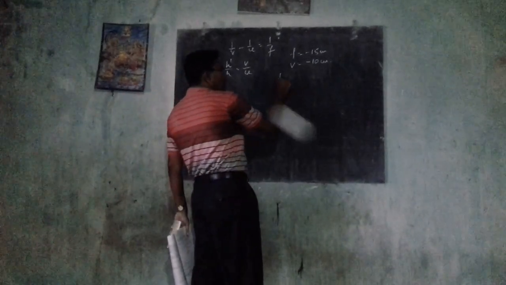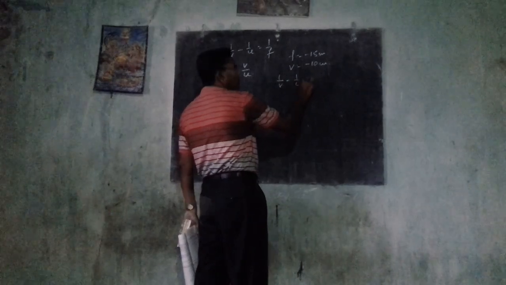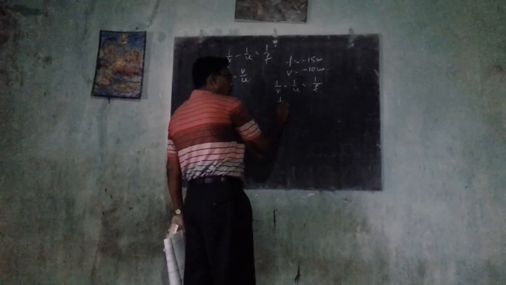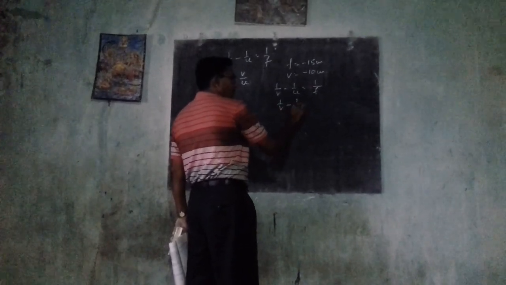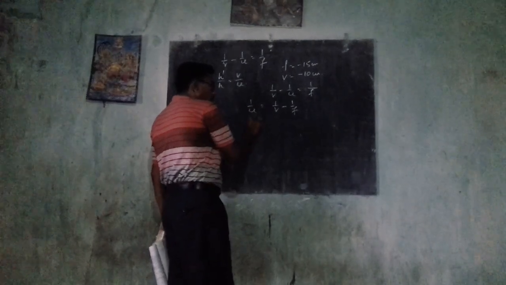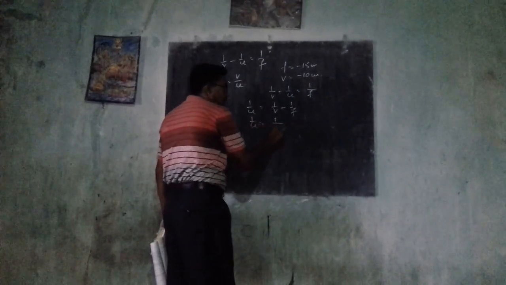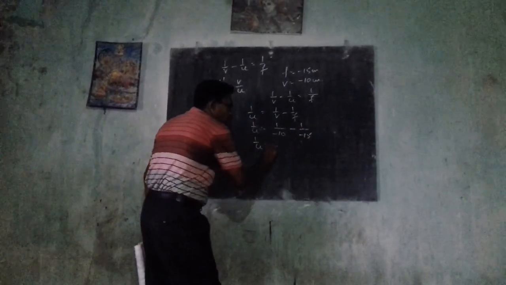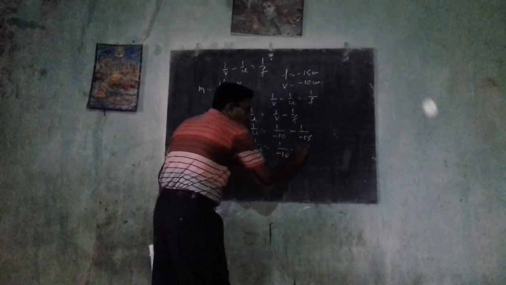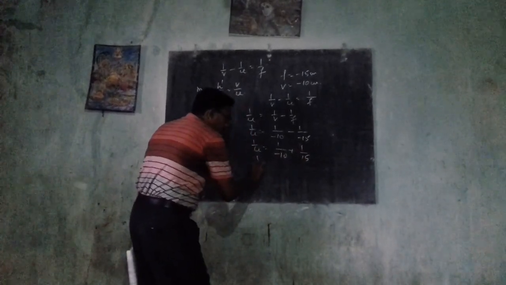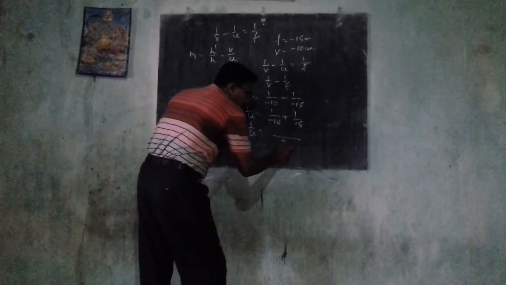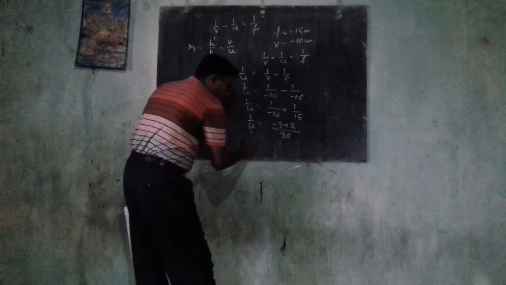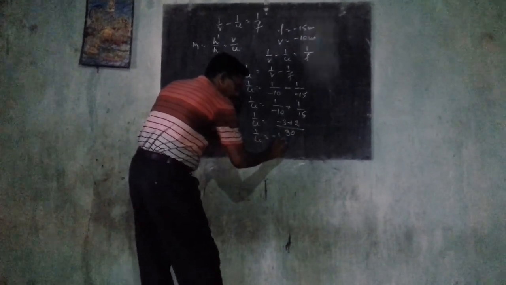Now we use 1/v minus 1/u equal to 1/f. Now 1/v minus 1/f equal to 1/u. So 1/u equal to 1/(-10) minus 1/(-15). So 1/u equal to 1/(-10) plus 1/15. So 1/u equal to, taking LCM 30, (-3 plus 2)/30. So 1/u equal to minus 1/30.